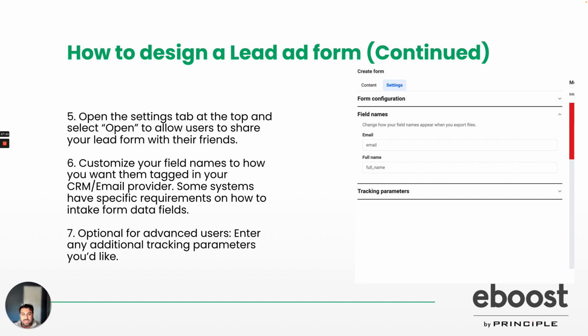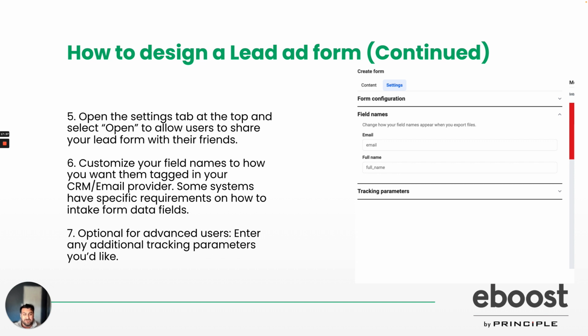So you can customize your field names to how you want them tagged in your CRM or your email provider. Some systems have specific requirements on how to intake the form data fields. So when you go to field names, you may need to tag these so that they port properly over to how MailChimp wants them, or how Klaviyo wants them, or how Salesforce wants them, or how you're currently set up in those platforms.